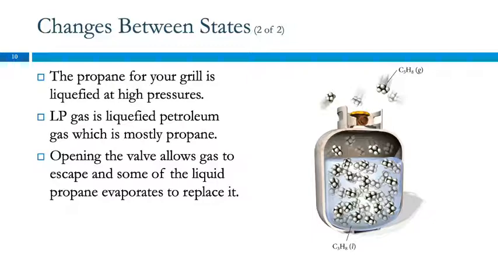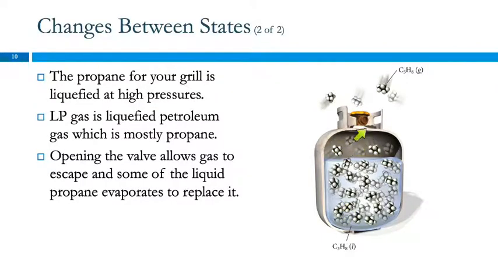LP gas, liquefied petroleum gas, is an example of a substance that is a gas at room temperature but has been condensed into a liquid with pressure. So inside this gas cylinder is propane, and it's under a great deal of pressure. And the pressure causes the gas particles to move closer together until they condense into a liquid.